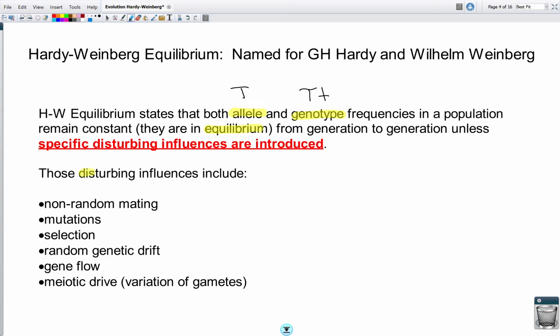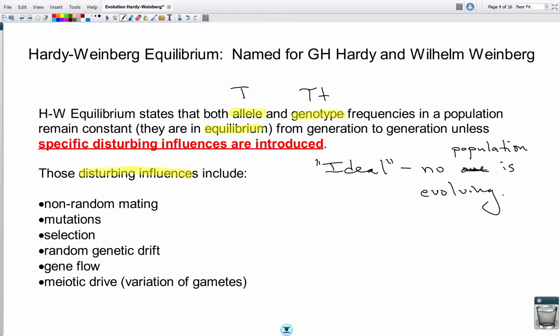In an ideal circumstance where no population is evolving, because you can't evolve, a population evolves, we have to eliminate a few things. We have to eliminate non-random mating.